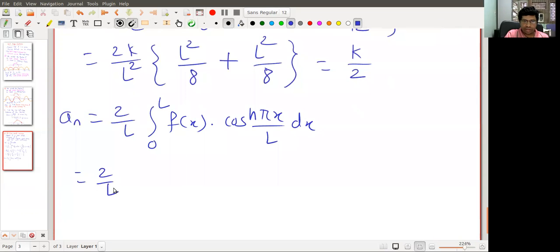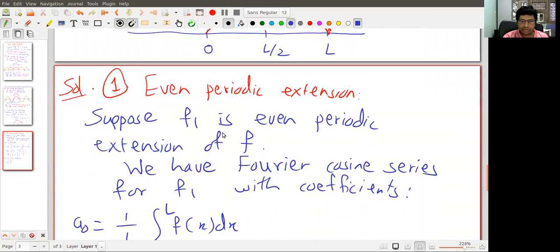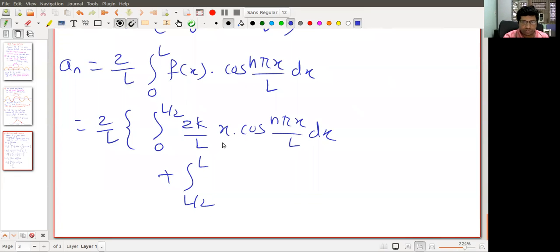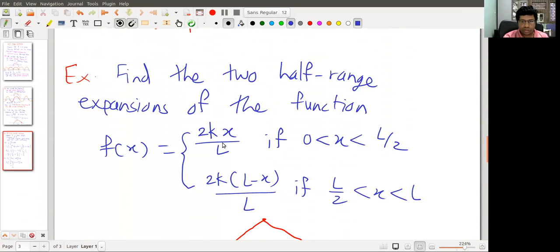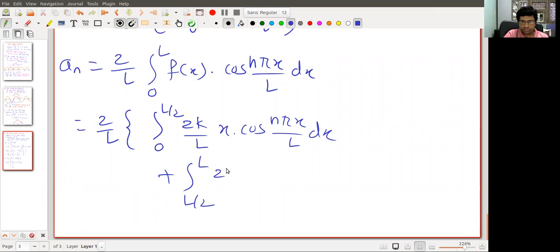So this is 2 by L into integral from 0 to L by 2, where the function value is 2kx by L, 2k by L x into cos n pi x by L dx, plus integral from L by 2 to L, where f of x is 2k into (L minus x) by L, cos n pi x by L dx. Here n is 1, 2 and so on.